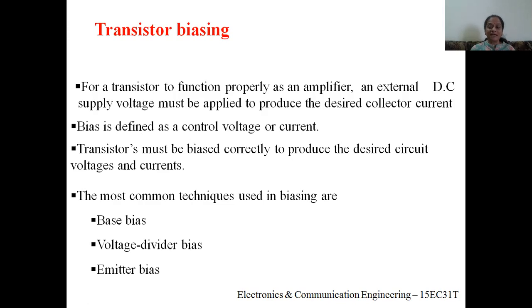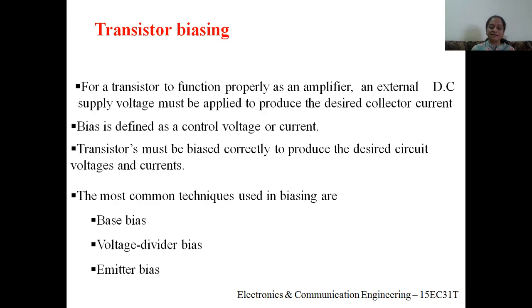To get a stable Q point or operating point. A stable Q point means that if any variation of a transistor parameter occurs, the Q point should not vary and the transistor should function properly all the time. This is done with the help of biasing. If you provide proper biasing, thermal runaway will not occur and the stability factor will be good.